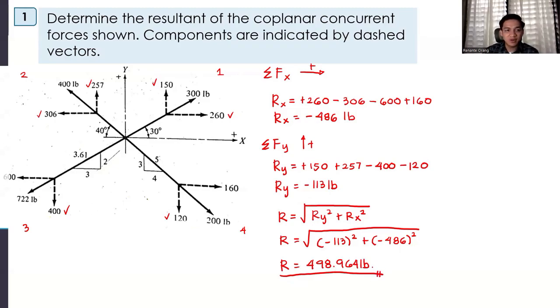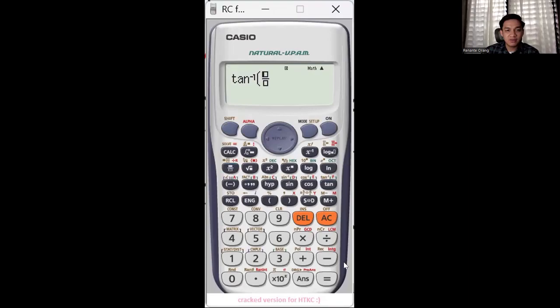All we need to do is to solve for our direction, which is our angle theta. Take note, yung ating formula is tangent of theta is equivalent to Ry divided by Rx. So angle theta is equivalent to tangent raised to negative 1 of our Ry, which is negative 113, divided by our Rx, which is negative 486. Ilagay natin shift tan of negative 113 divided by negative 486 equals 13.089 degrees.